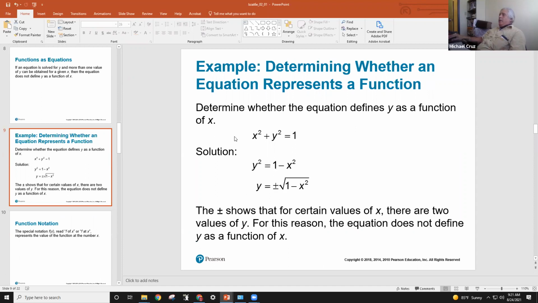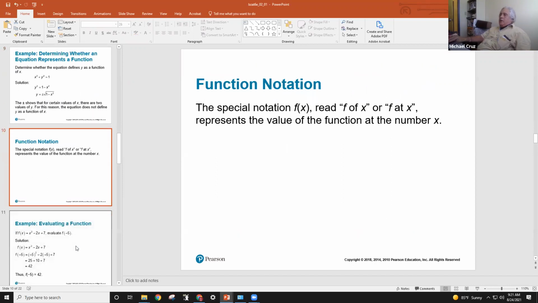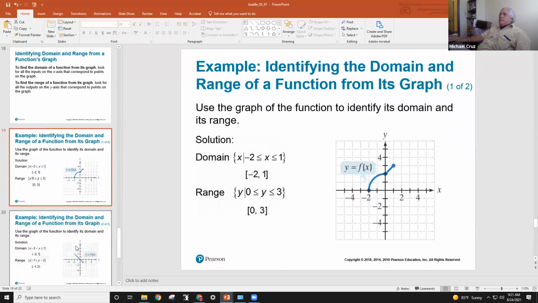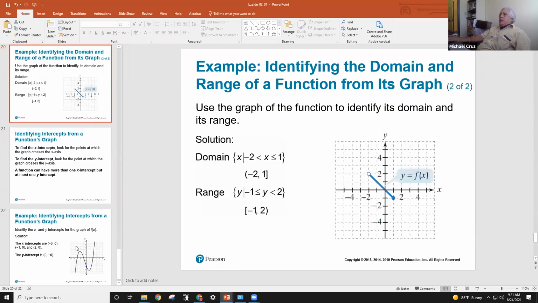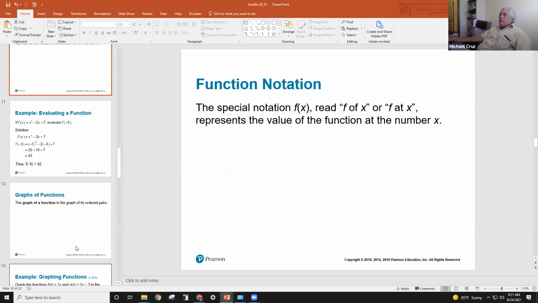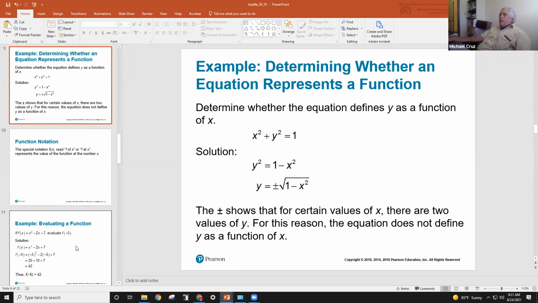This right here is what we call, it's a formula for a circle. They don't show you, so I'm going to show you this graphically.